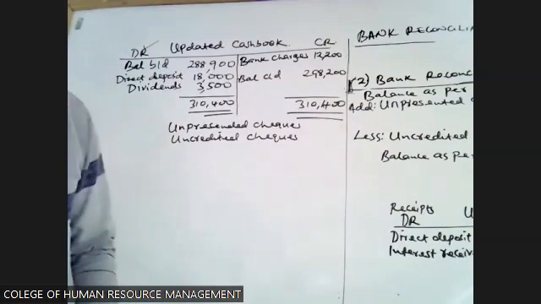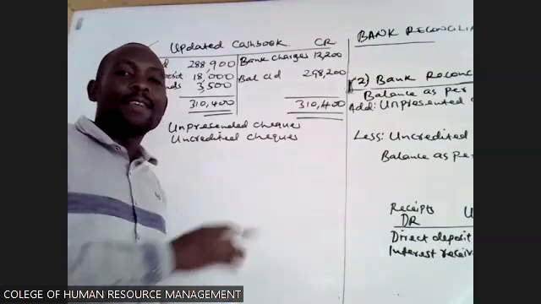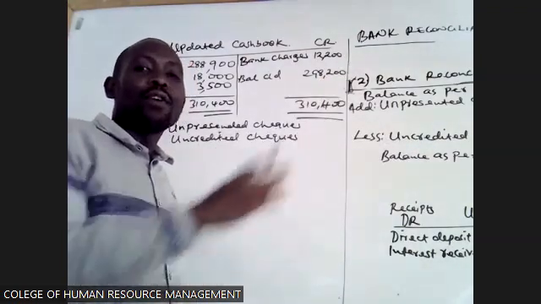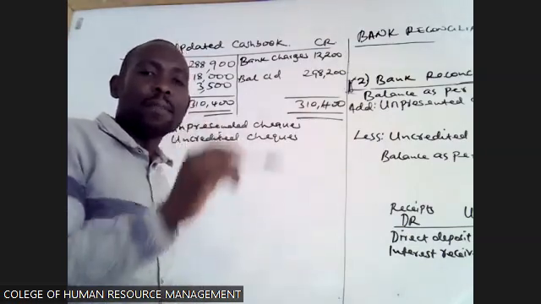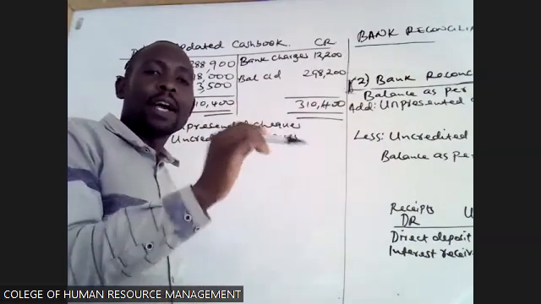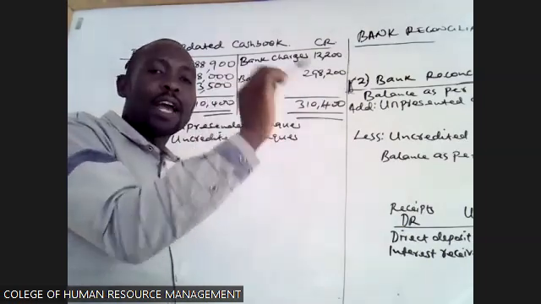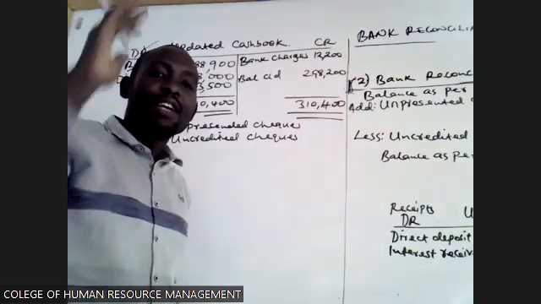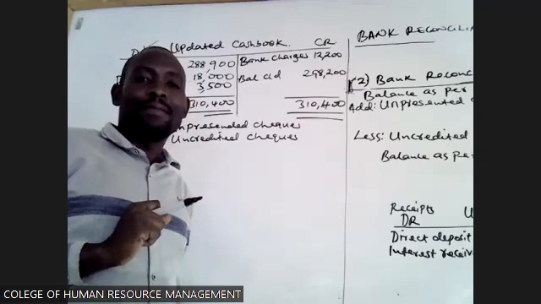If I can start with the unpresented, I said, this is a check that we have paid the suppliers, but the suppliers have not presented them for payment. But the moment we issued this check to them, we recorded that check as a payment. So in the cash book, it is already recorded as a payment on the credit side, but it is not appearing on the debit of the bank statement where we record payments.